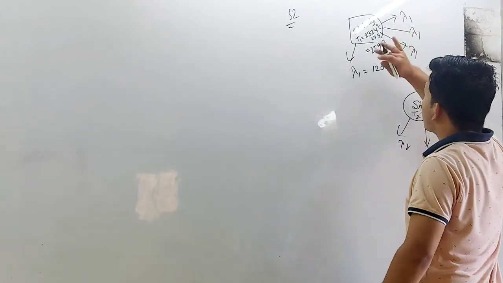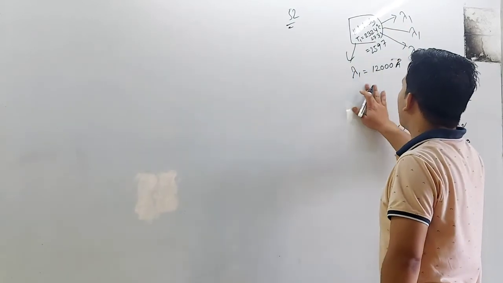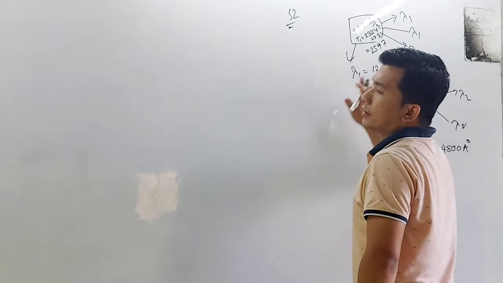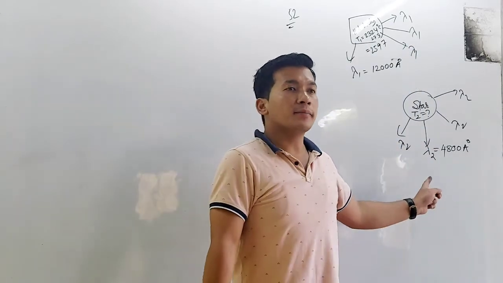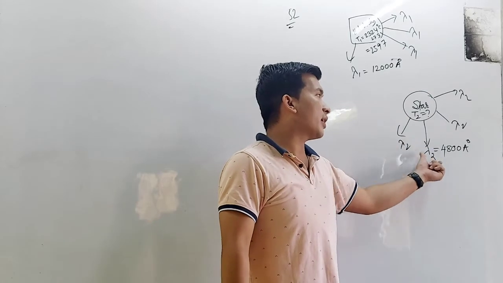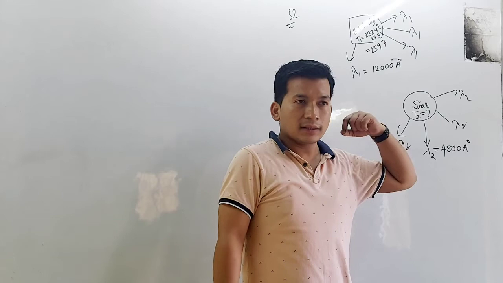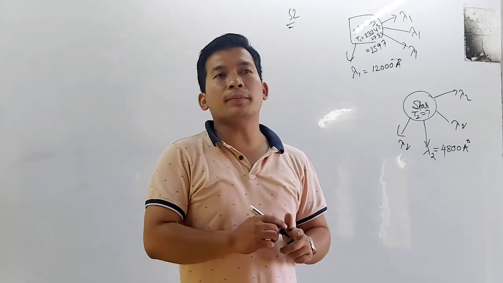That means majority of the radiation produced will have a wavelength of 12,000 angstrom, and majority of the radiation produced from this particular star has a wavelength equal to 4800. Then what must be the temperature of the star? We cannot directly calculate the temperature of the sun.